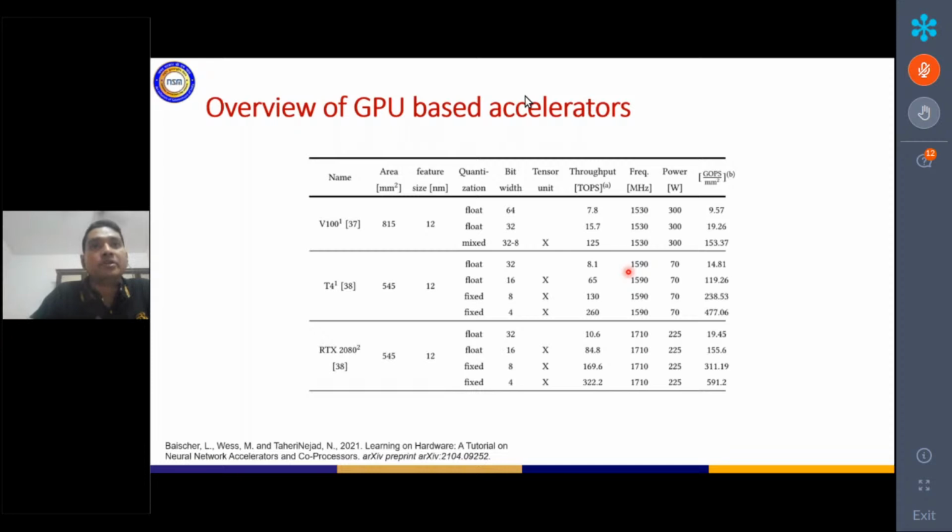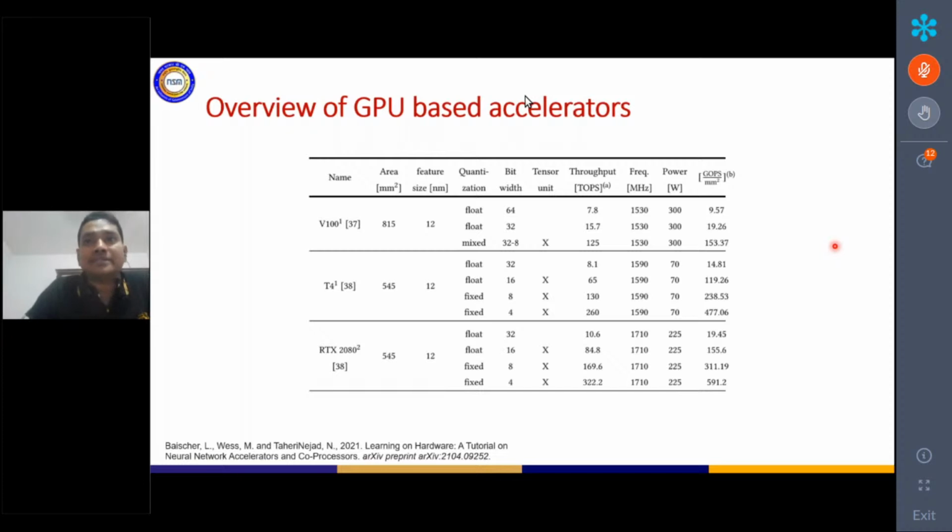Beyond 1 nanometer it is very difficult, because the temperature generated by the processing engines will be much higher, and it will be hard to contain. That's why you cannot go beyond a certain level of feature size scaling.